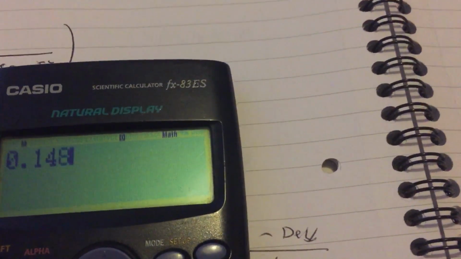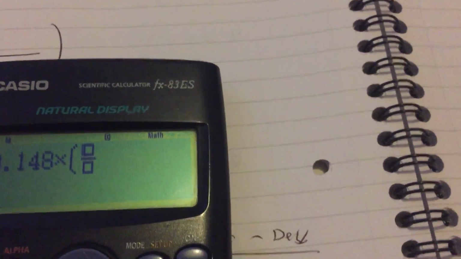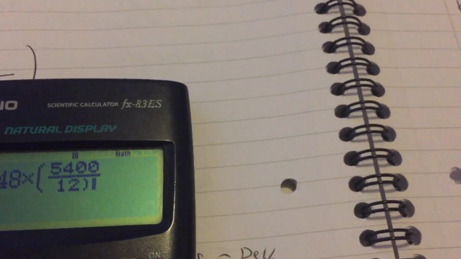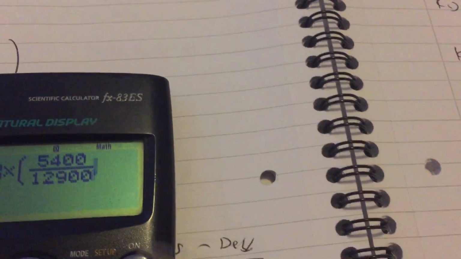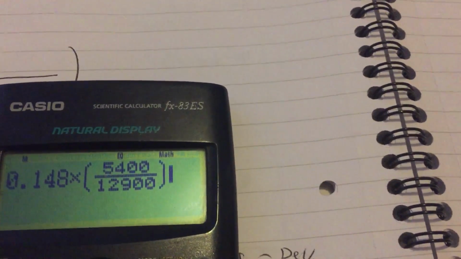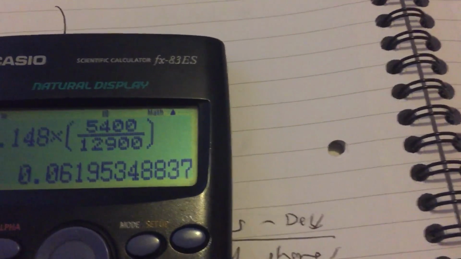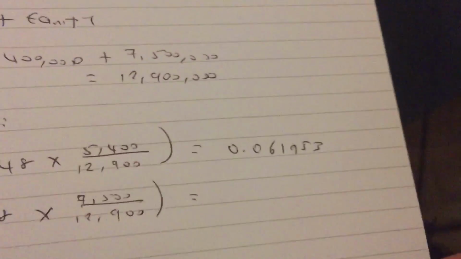Okay, so 0.148 multiplied by 5,400,000 divided by 12,900,000 equals 0.061953.